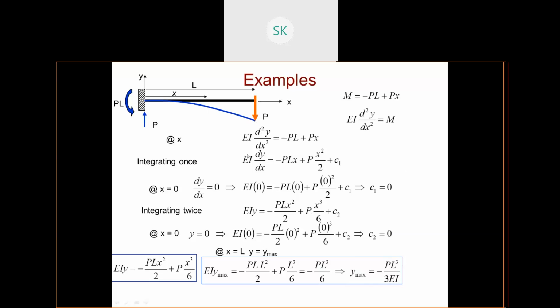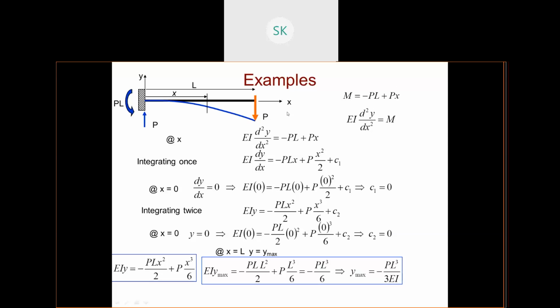Okay, how? Let me explain this once again. This is the moment equation for these beams. You have to find the moment equation for a particular beam for a given load. Once you have found the moment equation, you have to equate it with this equation: EI d square y by dx square is equal to M. You have to replace this M by the moment equation.